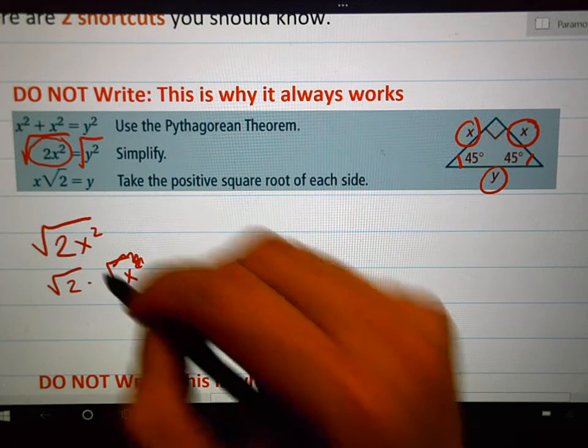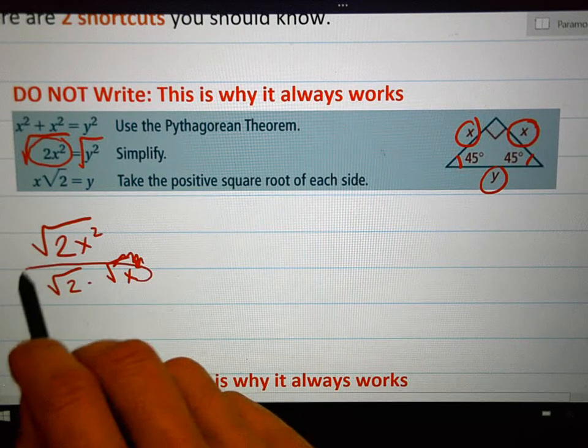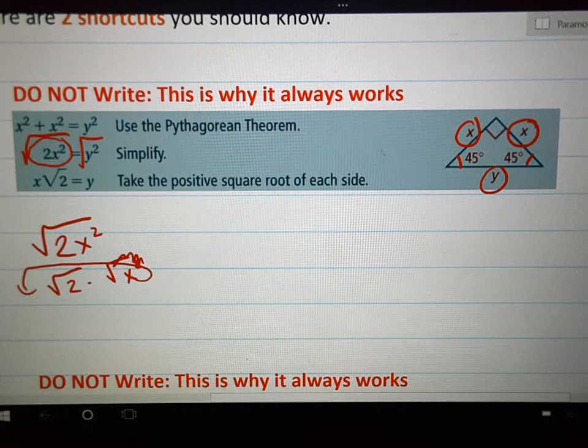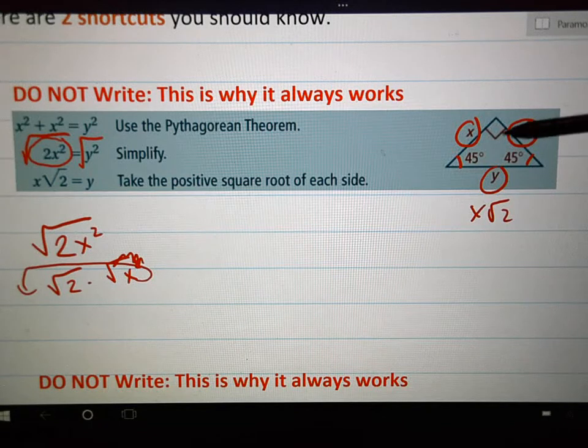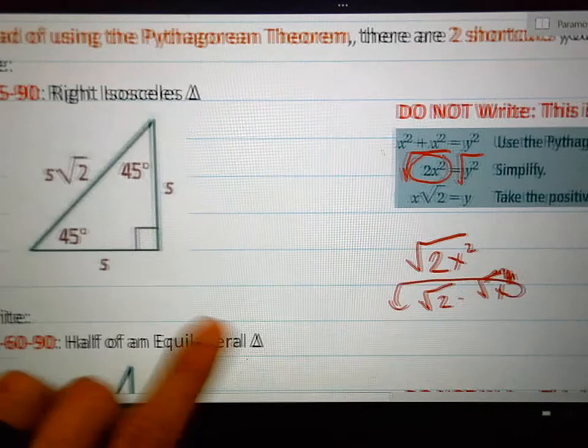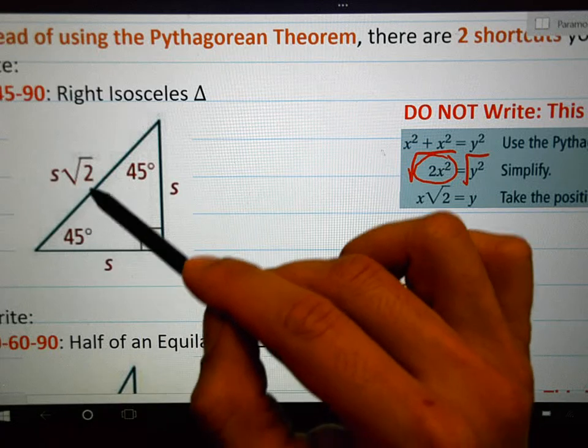And these would cancel out, and you would have x root 2. What that means is no matter what you have, s root 2 is the formula for an isosceles right triangle. It always works. And it doesn't really matter, our textbook uses s root 2.